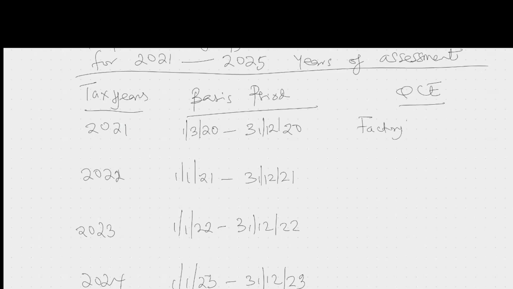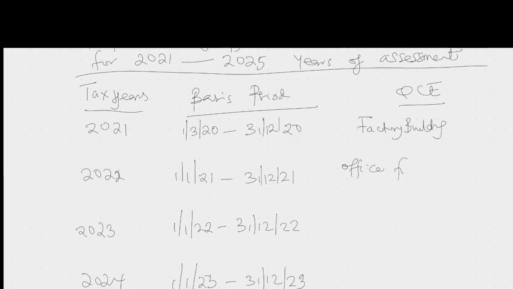The next one, where will it fall? It will fall in the 2022 tax year. Office furniture. The next one, where will it fall?